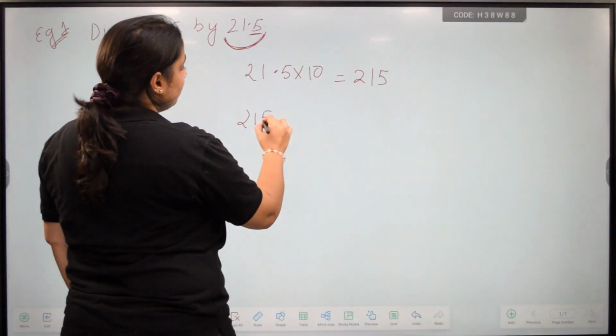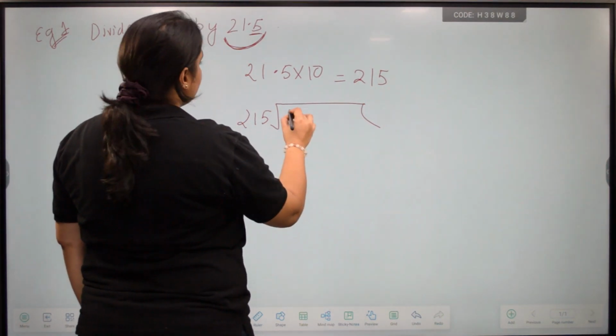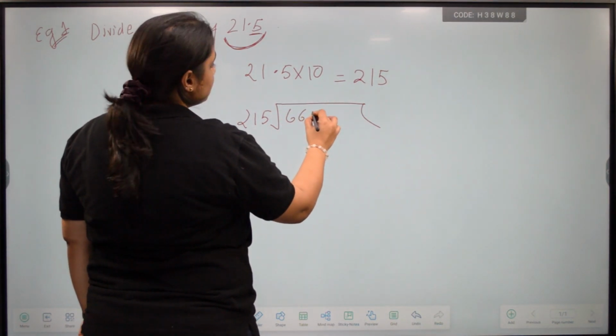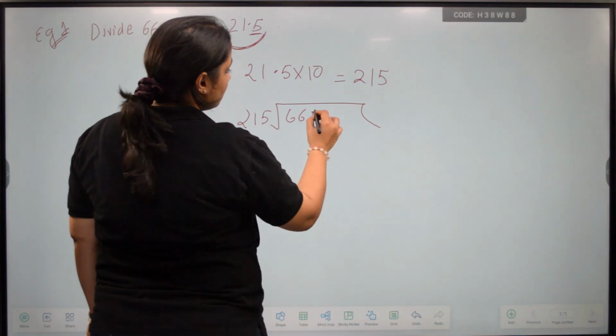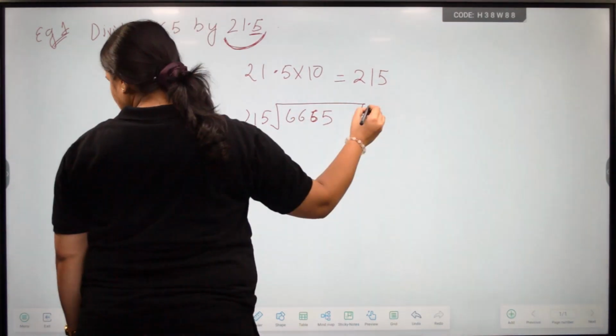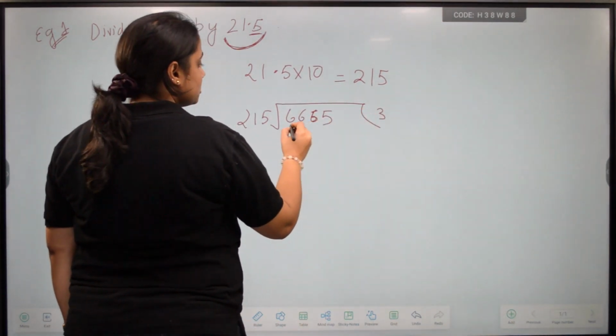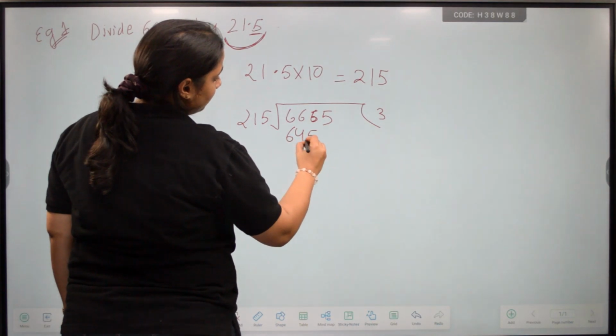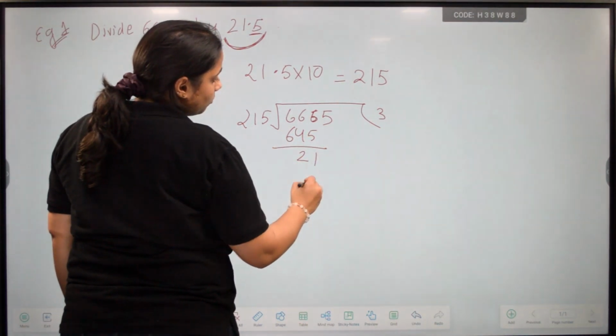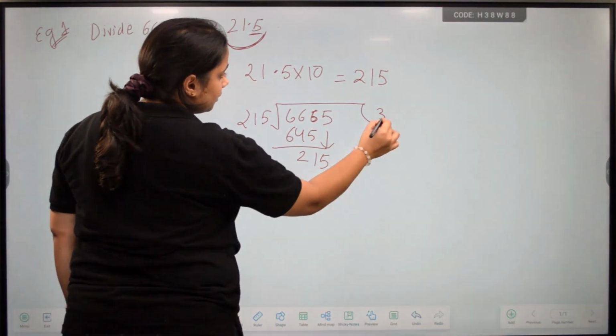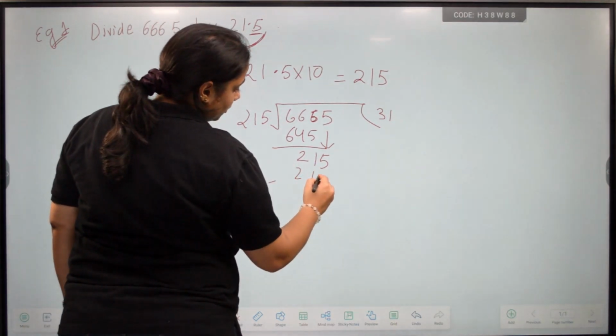So 215 dividing 6665. So 215 into 3 is 645. So we are left with 21. Now bring this 5, it will be 1. So it will be 215.